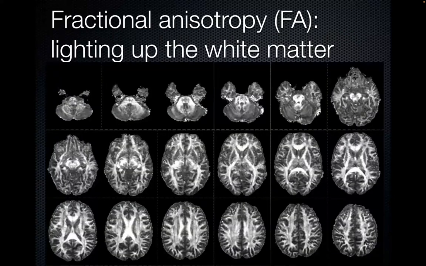All right, so FA lights up the whole white matter. So yeah, from something like 1 to 0. But I mean, this person is not sick, or there's not a tumor here, right? Or here. This is in the middle of the deep white matter.